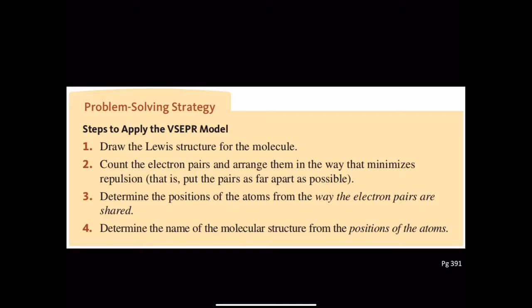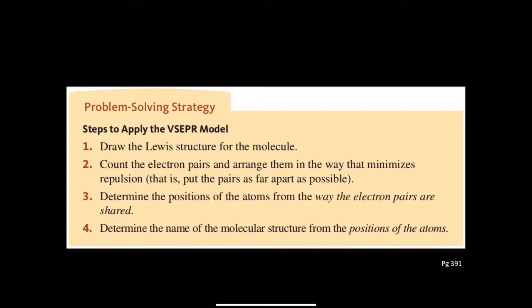In a two-dimensional plane, you can get 120-degree bond separation, or even in a line you can get 180 degrees if it's a linear molecule. But this is not always the case.